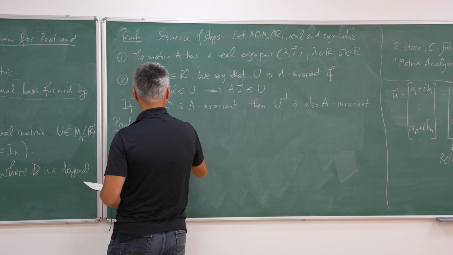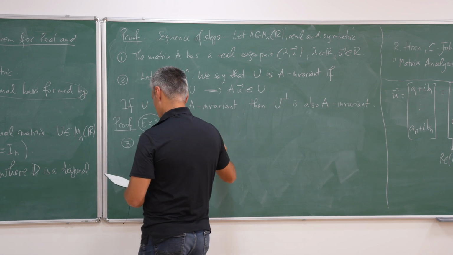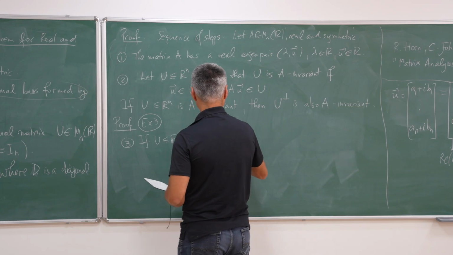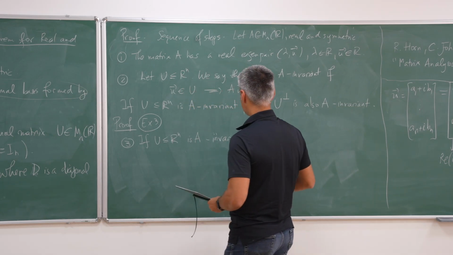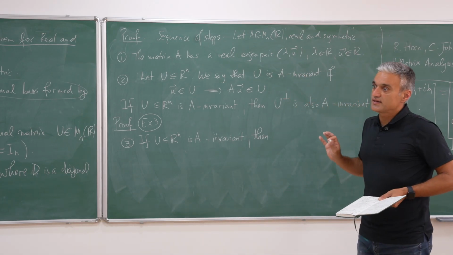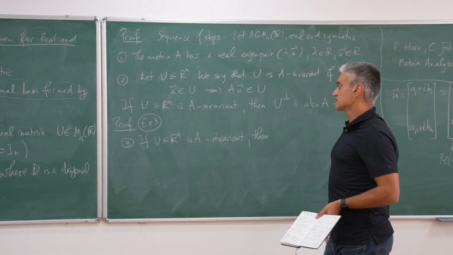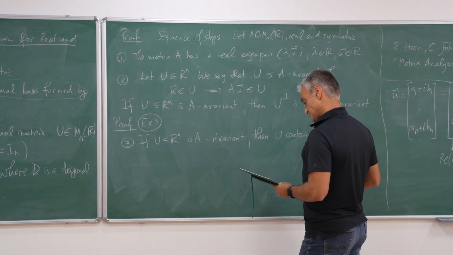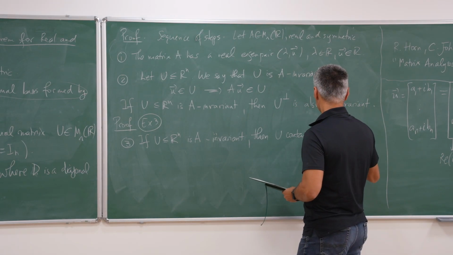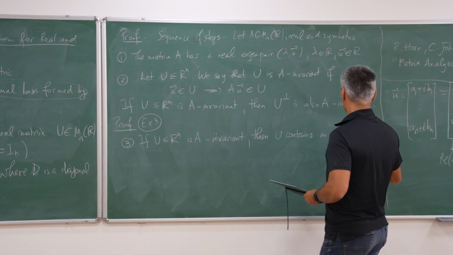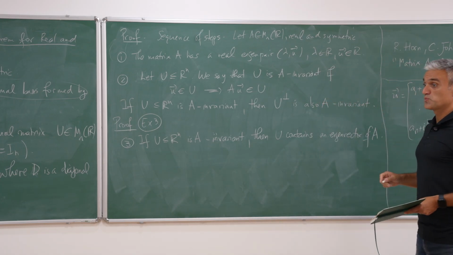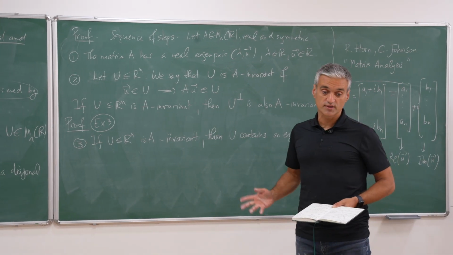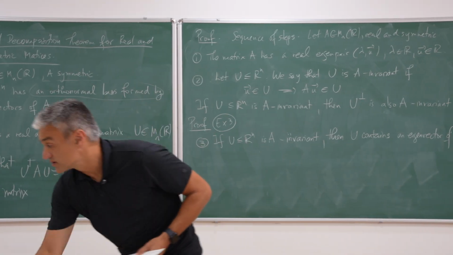If U in Rn is A invariant, then U could be many things, but what you will guarantee for sure is that U contains an eigenvector of A. This one, maybe you've seen it, maybe you've not. I'm not going to leave this as an exercise, so we'll prove it right now.